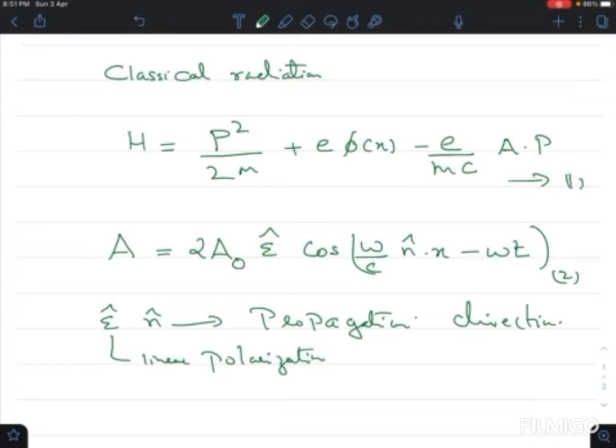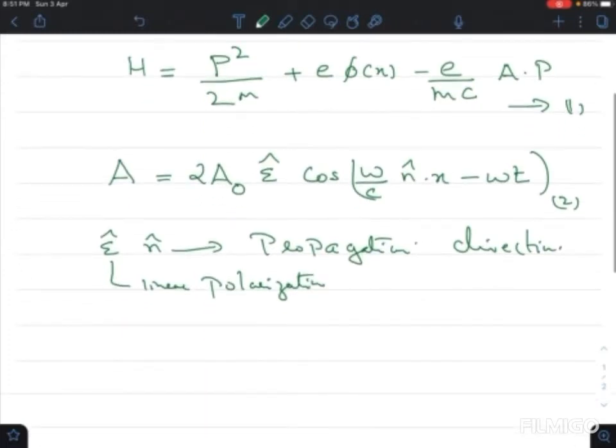Again, when we look into the equations, we have a cos term. This cos term can be written as: cos theta is nothing but e raised to i theta plus e raised to minus i theta divided by 2. So here theta is omega by c n dot x minus omega t.